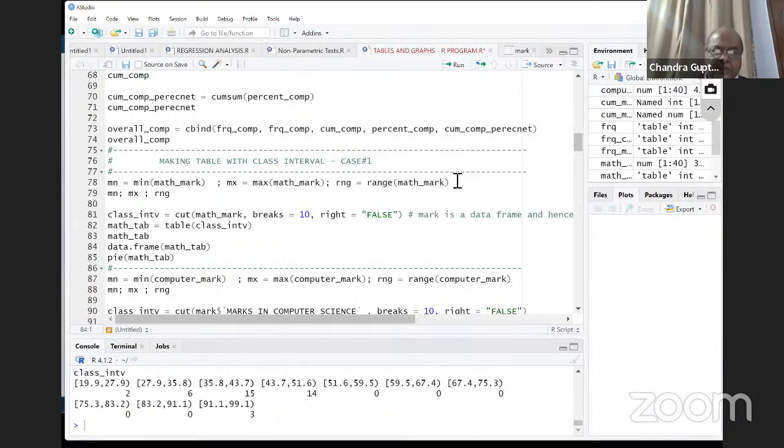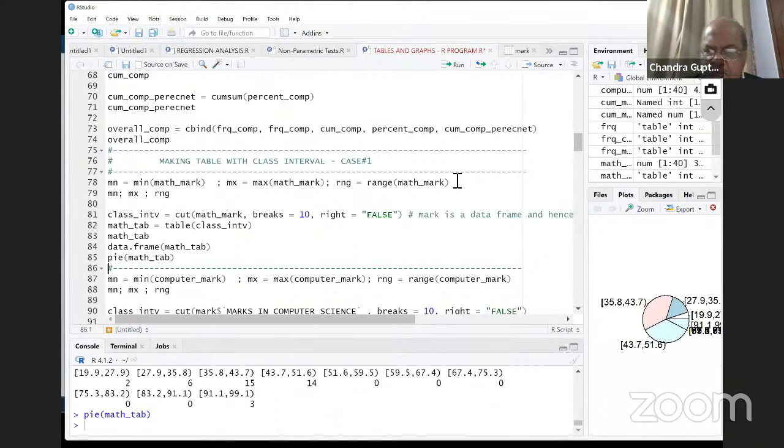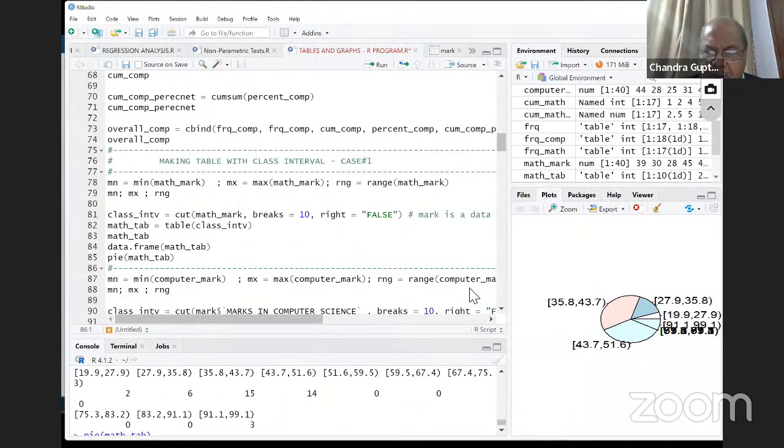And now you can check. Since I get the frequency distribution, I can make the pie chart of the same. Simple command.